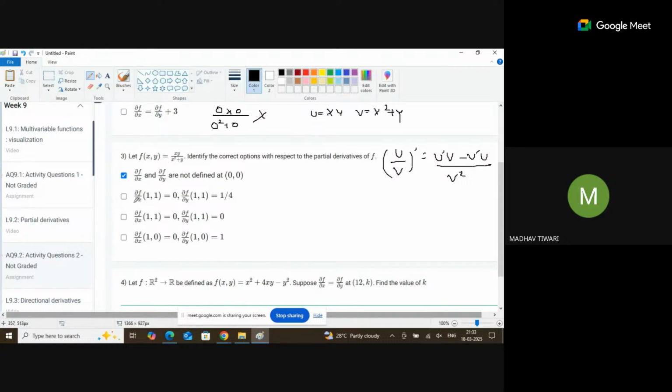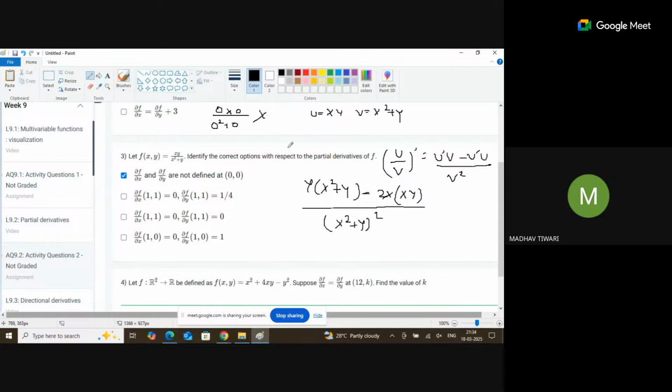So if I find the derivative with respect to x, firstly differentiating the first function with respect to x, it is y, multiplied by v, that is x square plus y. Okay, minus v dash, the second function differentiated with respect to x, so it will be 2x multiplied by the first function xy, divided by v square. This is x square plus y whole square.